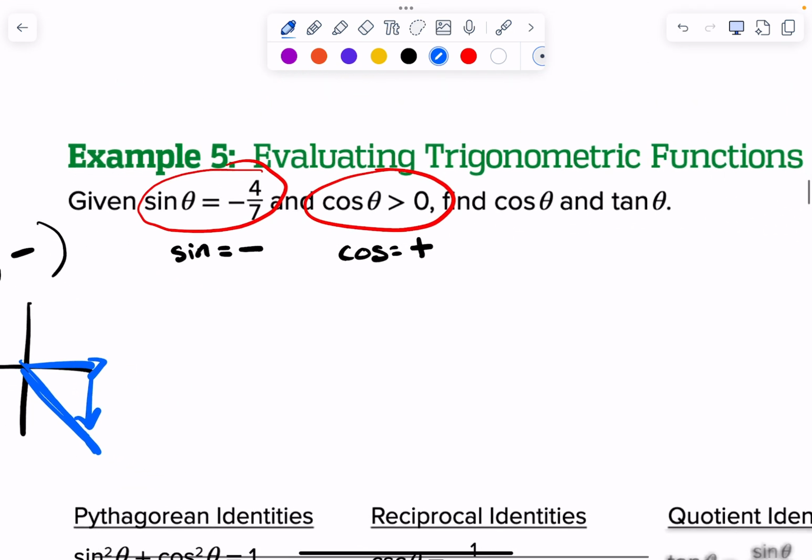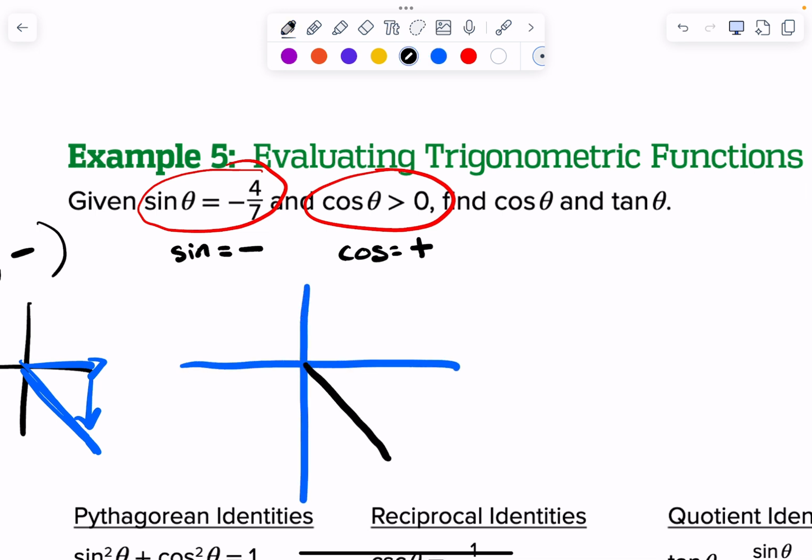Now that I know what quadrant I'm in, I'm going to draw a triangle in the 4th quadrant and label it. Angle theta lives here. Now I'm going to label my sides. What do I use to label my sides? Opposite, adjacent, hypotenuse.